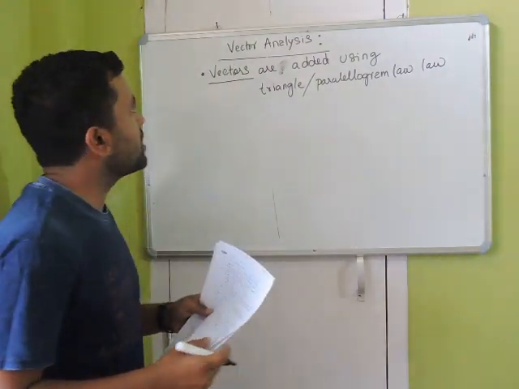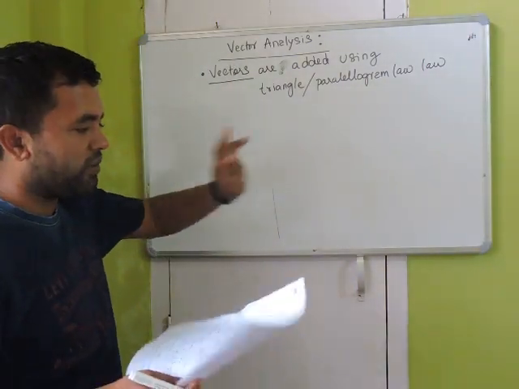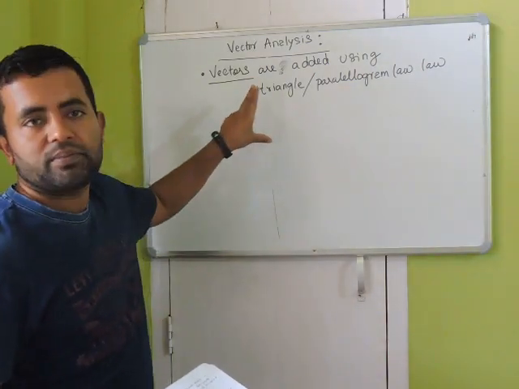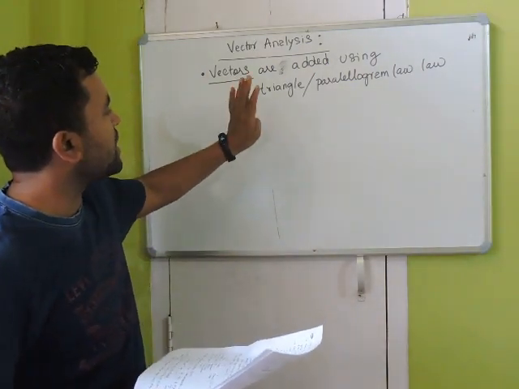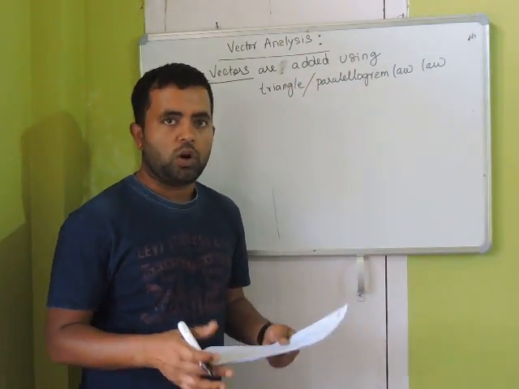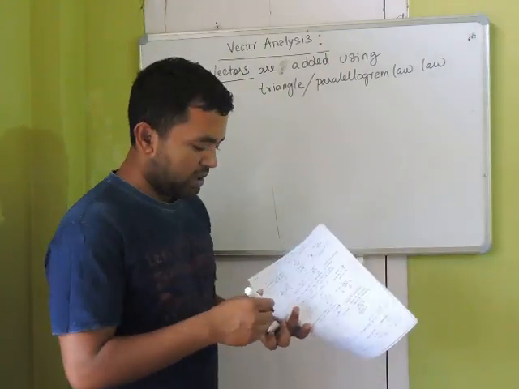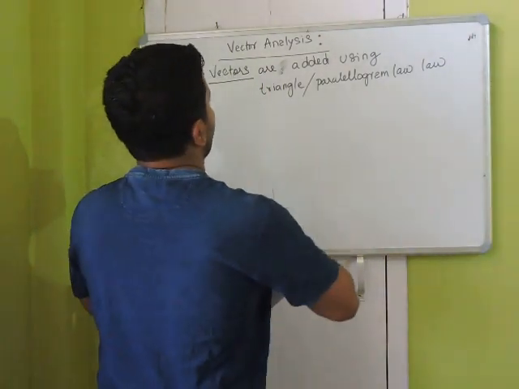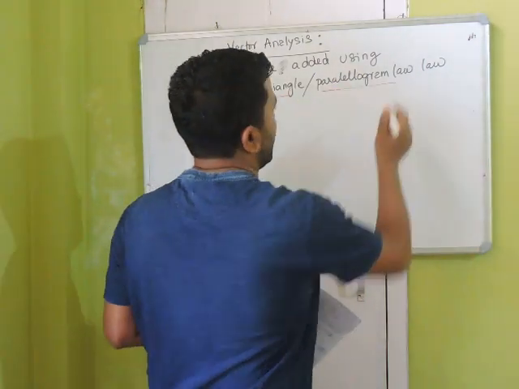Now we'll talk about it. So vectors are special. They vary from scalars in a lot of ways, but this is the prime one: vectors are added using the triangle or parallelogram law of vector addition. In this video we'll talk about what the triangle law is and what the parallelogram law is.